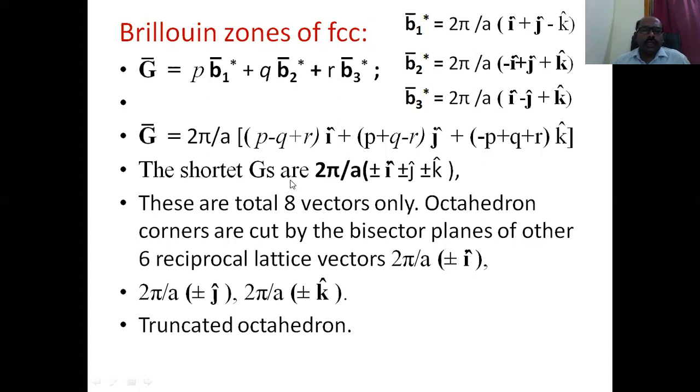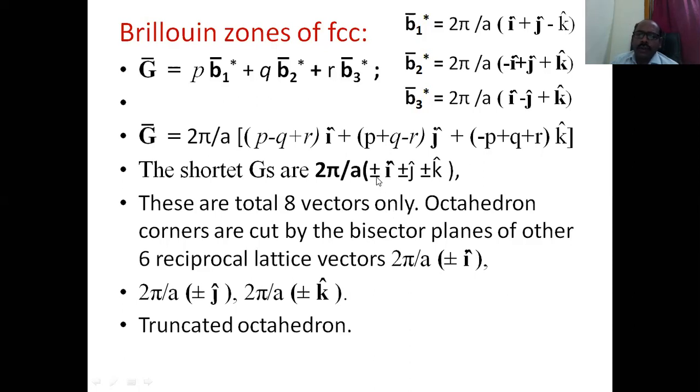So the shortest G's: by taking the shortest non-zero values of p, q, r, these are the shortest G values. So these are the vectors. Here we are getting these signs. If we write individually, we get 8 vectors.